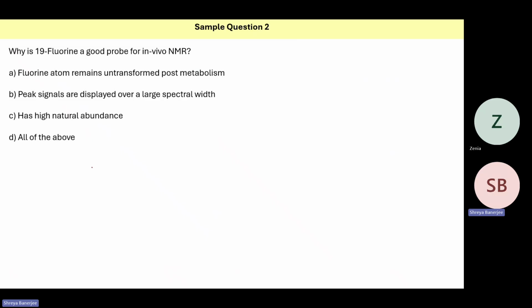The next question is asking, why is 19F a good probe for in vivo NMR?